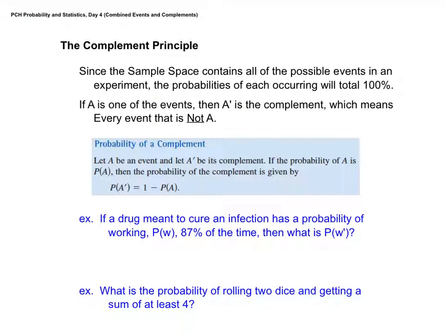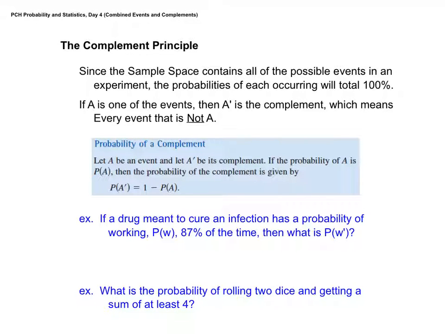Now, what I want to discuss at this point is the complement principle. This is why it was important for us to begin with sample space and deal with recognizing all of the possible events in an experiment, or in a situation. That sample space is all of the possibilities.